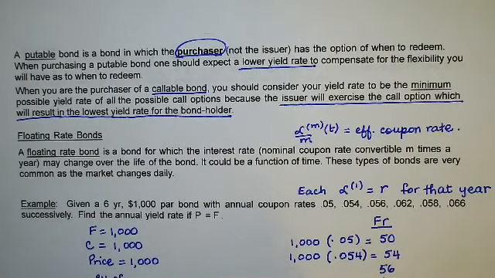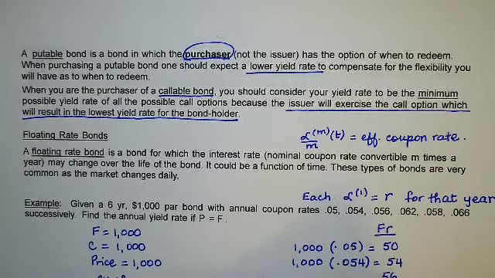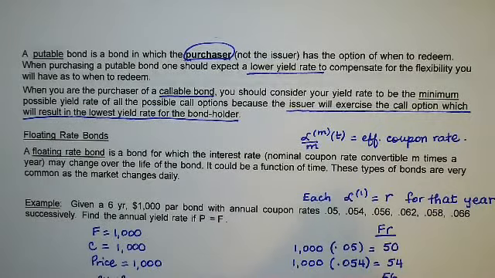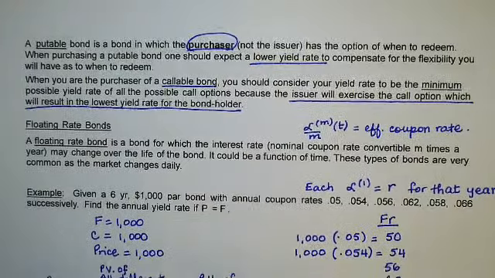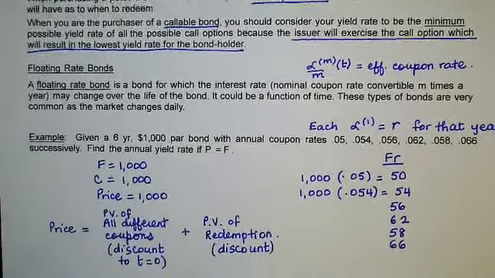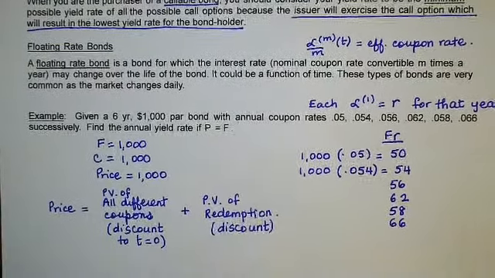So let's write here, discount them to time 0, plus the present value of the redemption. Can't forget that redemption, meaning discount that redemption. So I'm nearly done. 1,000 is the price. They told us the price.